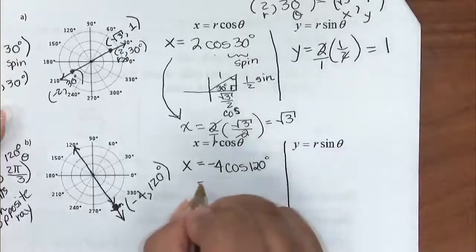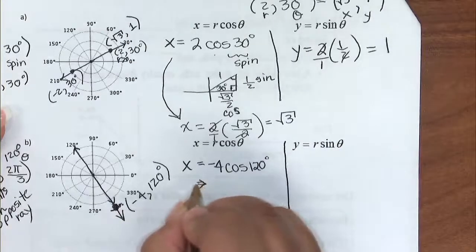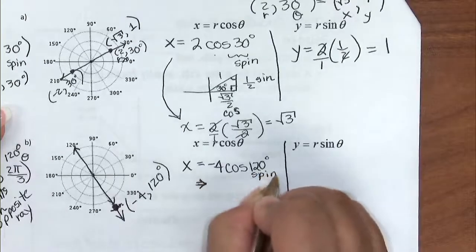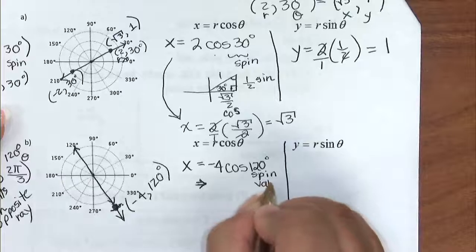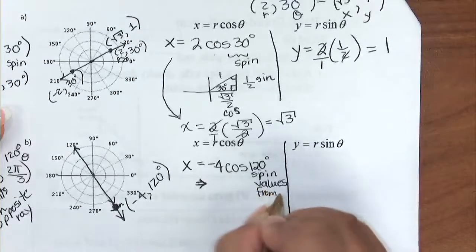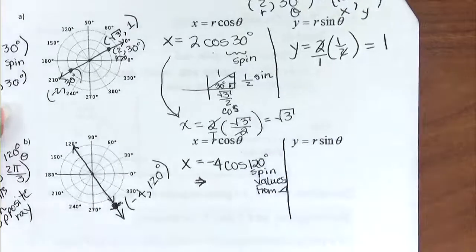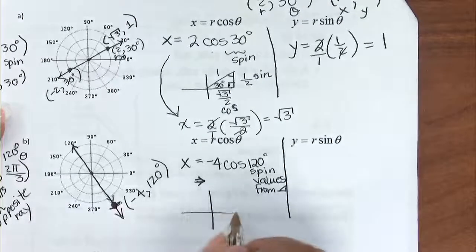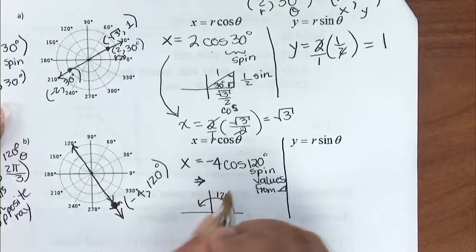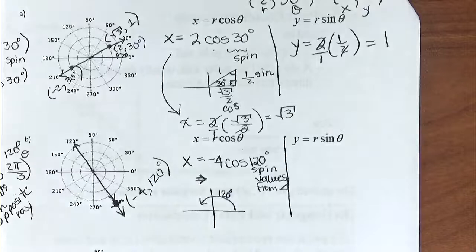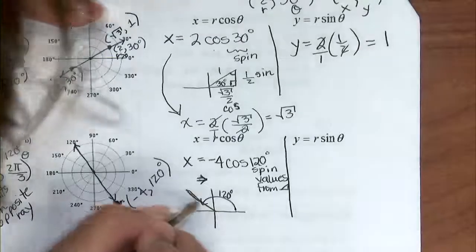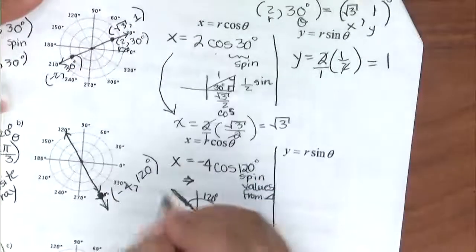All right, so now it's going to be me spinning to 120 so I can get the values off the triangle. That's what you need at this point, or else you can't continue. Going to get the values from the right triangle that you're going to create. So here I go. I'm going to spin to 120. Okay, then using your knowledge of reference angles, how big is my reference angle this time if I'm going to stop after moving 120 degrees and then drop down here?